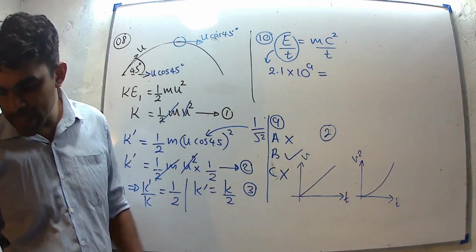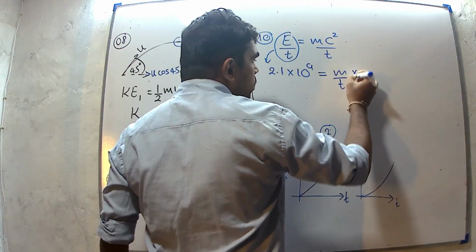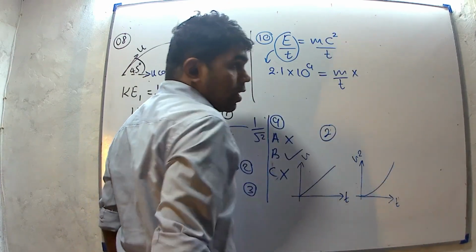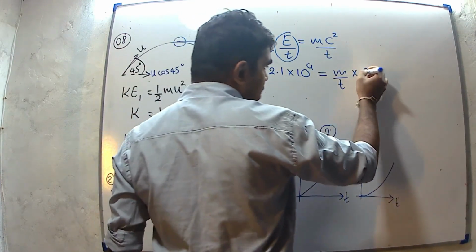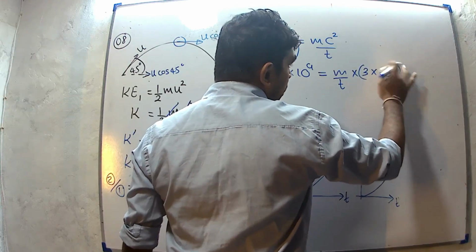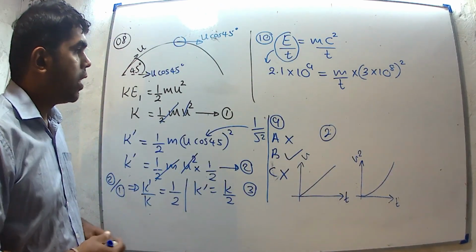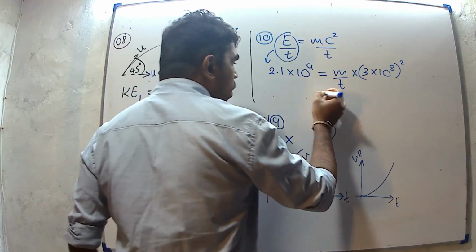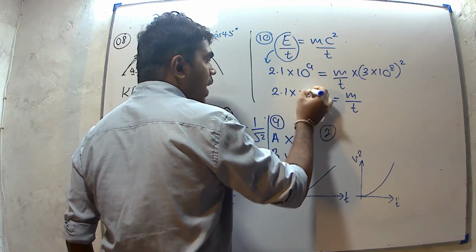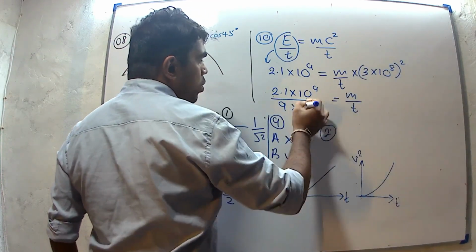Then we have to find the mass loss per second. We have to find the m over t value, mass loss per second, equals power divided by c squared. c is the velocity of light. It is given as 3 into 10 to the power 8. We have to square it. Then we can simplify it. m over t equals 2.1 into 10 to the power 9 divided by 9 into 10 to the power 16.